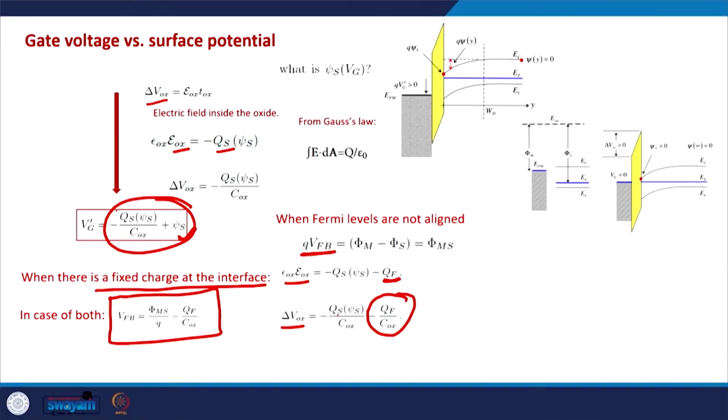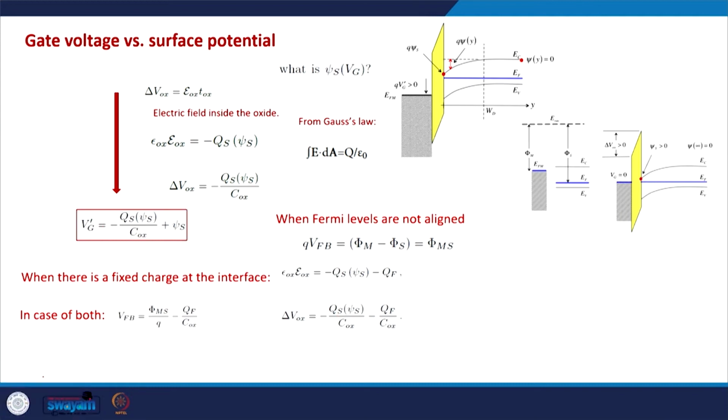So apart from this voltage, we need to account for the flat band voltage, and the actual gate voltage Vg will be Vg prime plus VFB. Or Vg prime is Vg minus VFB, and this is given by this value.